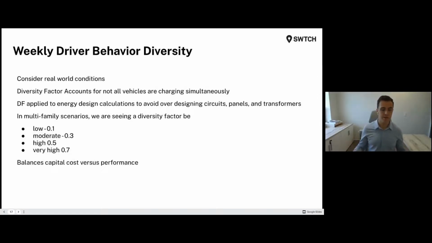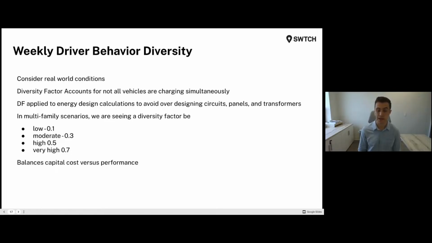And so we need to consider real world conditions here. The diversity factor is probably the first variable that we're going to play with, according to the research that we've done for the building. And like I mentioned earlier, it comes down to geography, the climate, the season, how close are we to the inner city. Typically, if a project is located in the inner city, we can get away with lower diversity factors versus buildings in the suburbs.